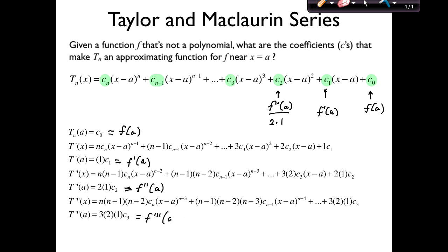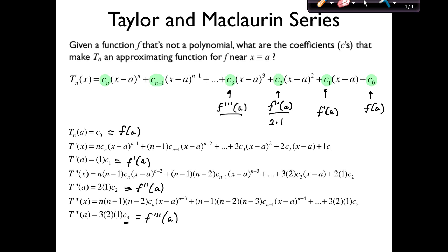the third derivative at a, which tells us what c3 needs to be. So what does c3 need to be so that we get the third derivative in our polynomial right for the function? So c3 should be f triple prime of a.